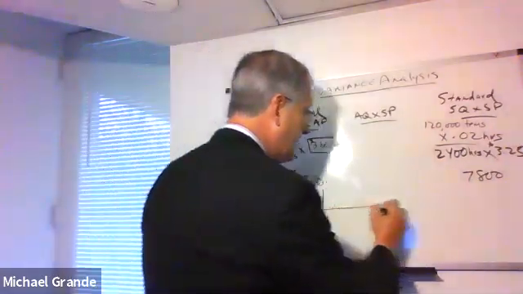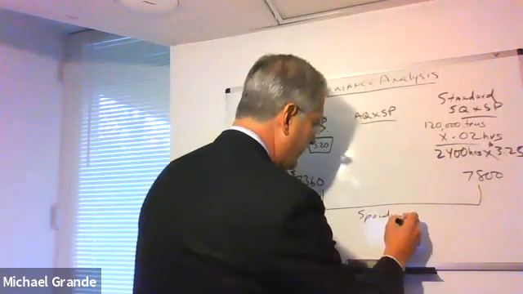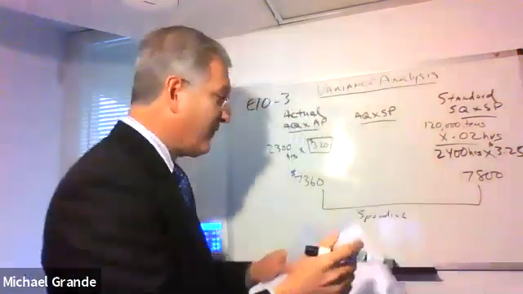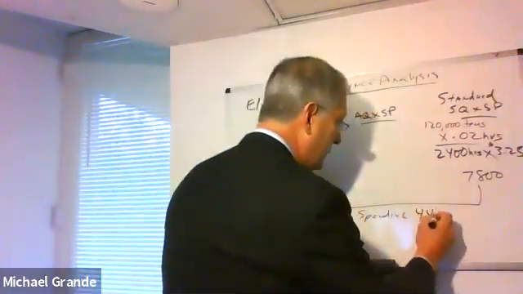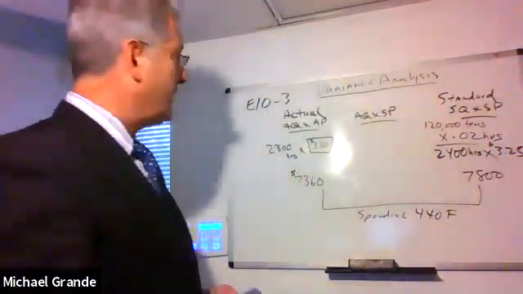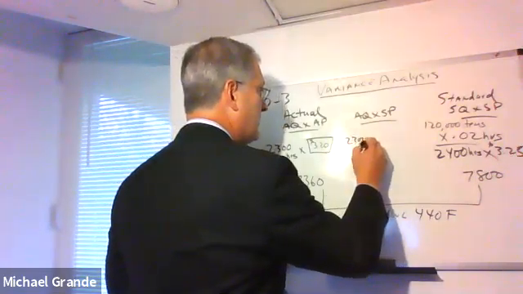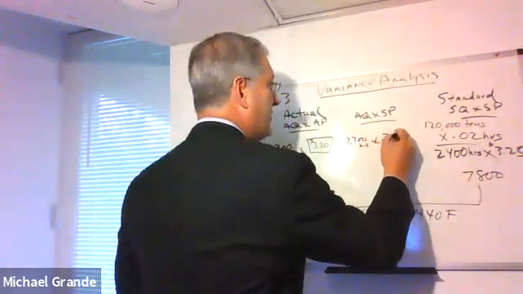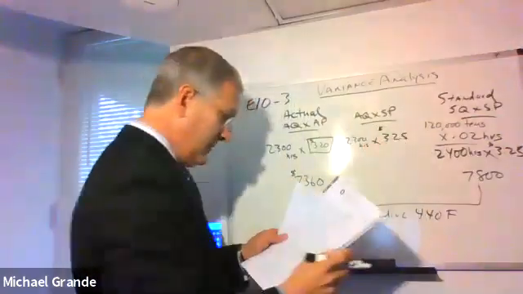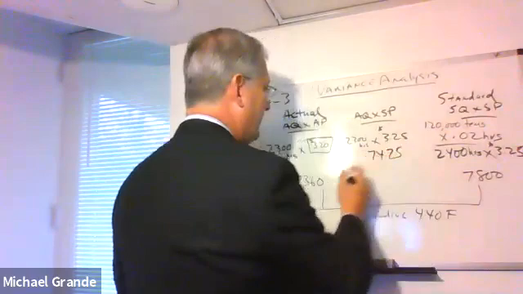They have a spending variance of $440 favorable. So the middle numbers here, we've got 2,300 actual hours times the standard price of $3.25. This number here in the middle adds up to $7,475.